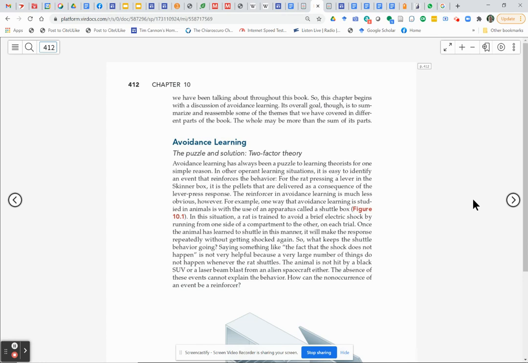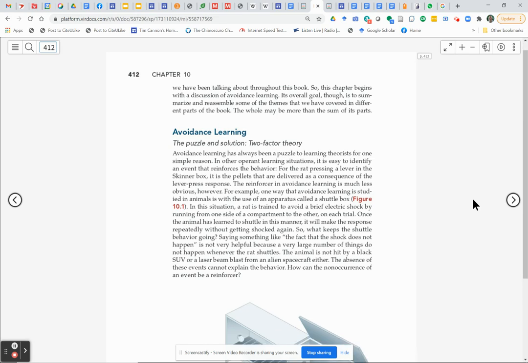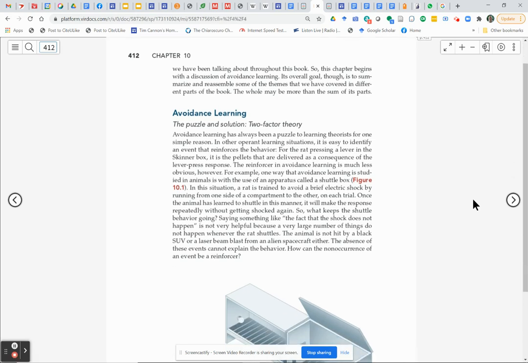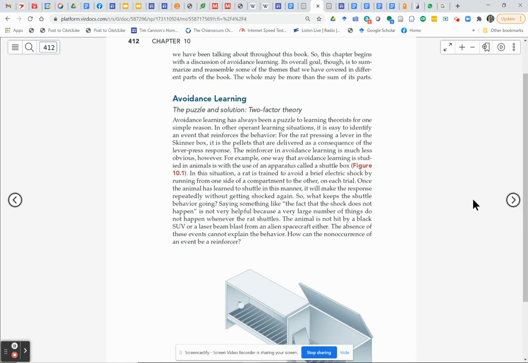Avoidance learning. I'm very happy to deal with that. And this overlaps with sort of where I came into the field. You'll remember positive and negative reinforcement.